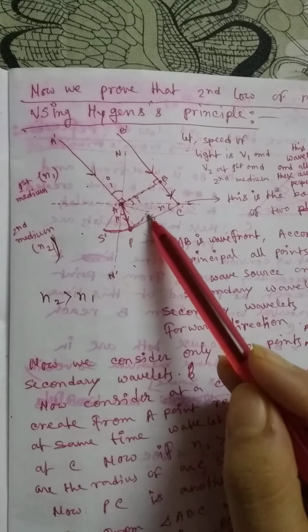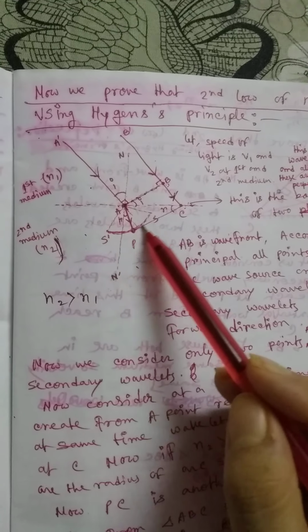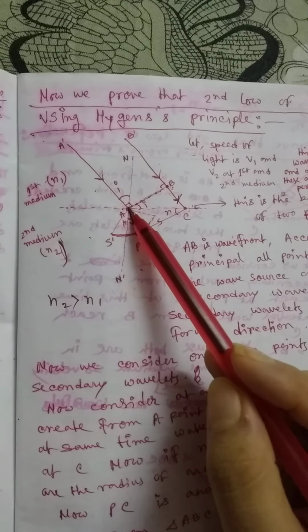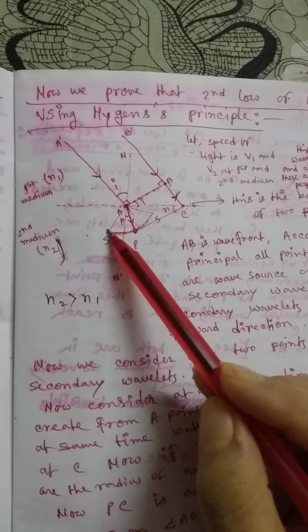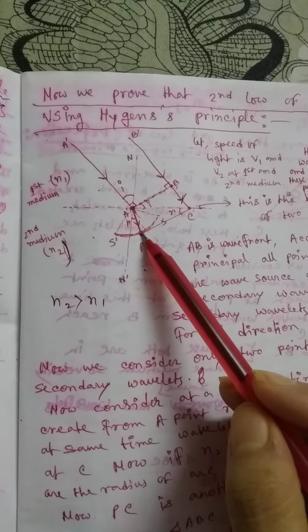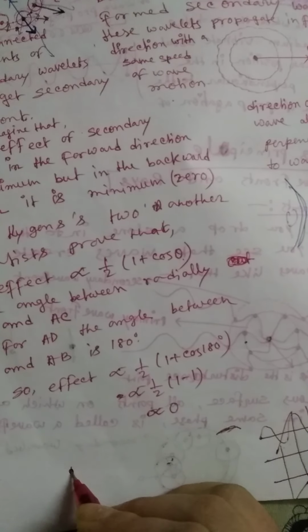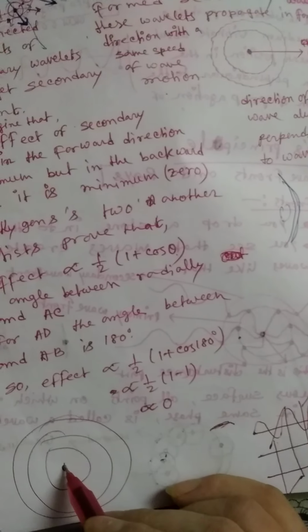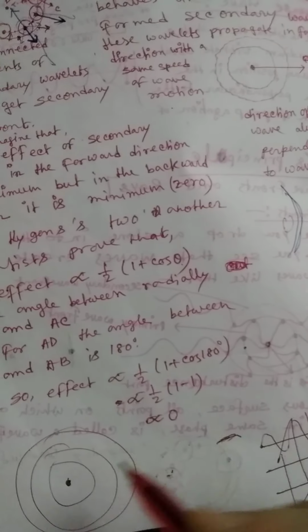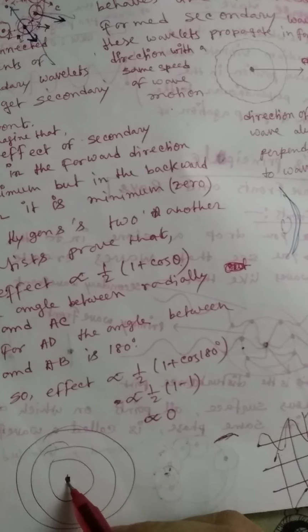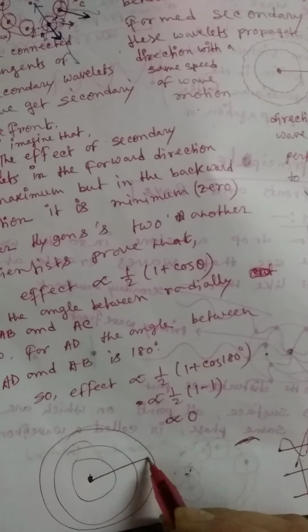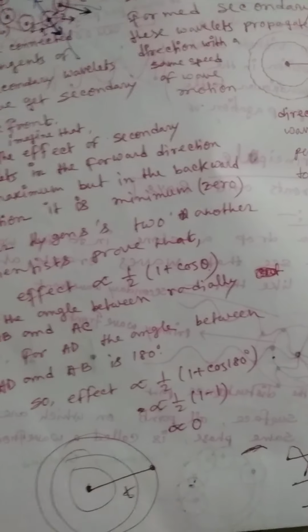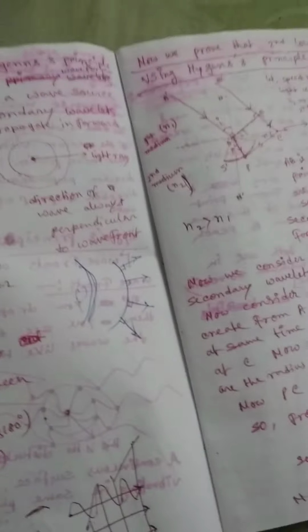So this is the wave which is formed from the A point and it reaches here after t time, because we know that if a wave is created from this point, then this wave travels like this, right? So we assume that the wave generated from this point reaches here after t time. Okay, so this is our assumption.